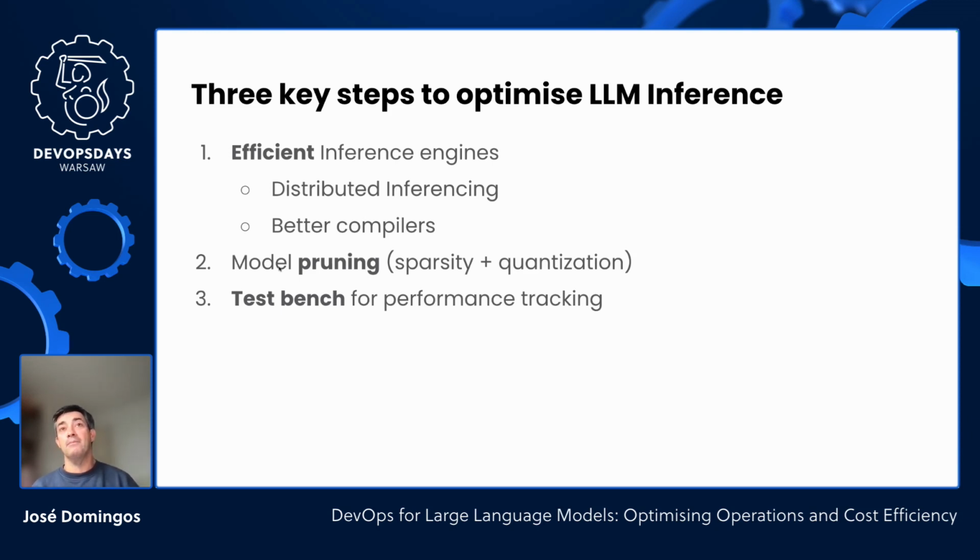You have model pruning. This is where you make your model smaller, and we'll look at two techniques, sparsity and quantization. And then you have to have the ability to test. If I make a change to my model, so if I make it more efficient, does it still do what I need it to do? We'll talk a bit about benchmarking for performance tracking.